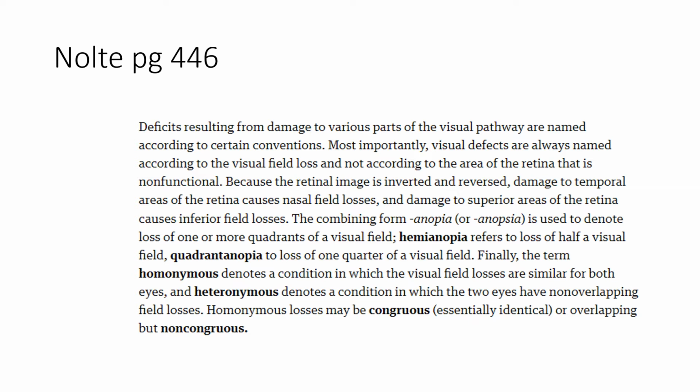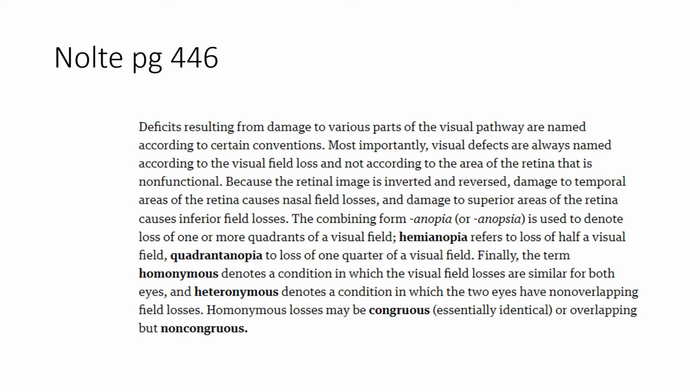Because the retinal image is inverted and reversed, so it is upside down and what's right is left, it's upside down and backwards, of course, right? Damage to the temporal areas of the retina cause nasal field losses, and damage to superior areas of the retina cause inferior field losses. The combining form anopia is used to denote loss of one or more quadrants.